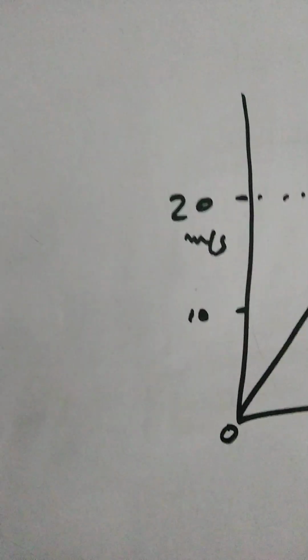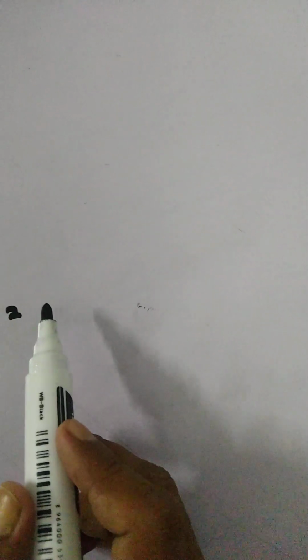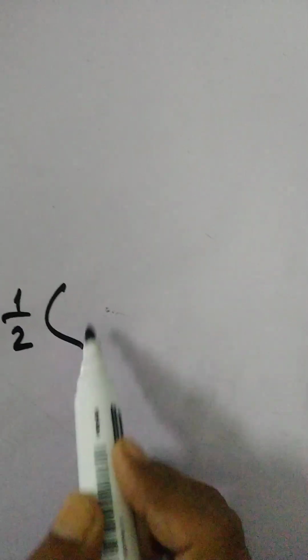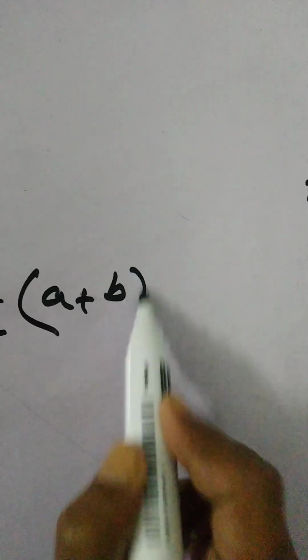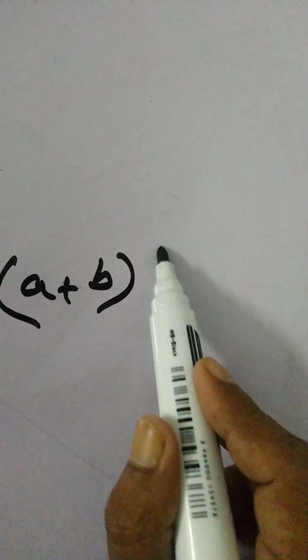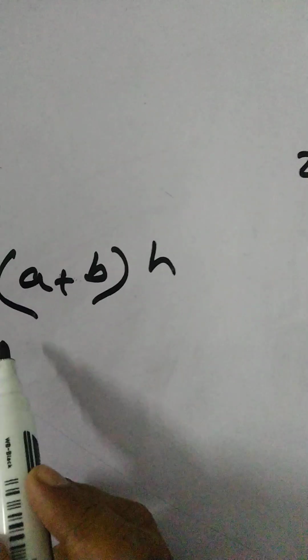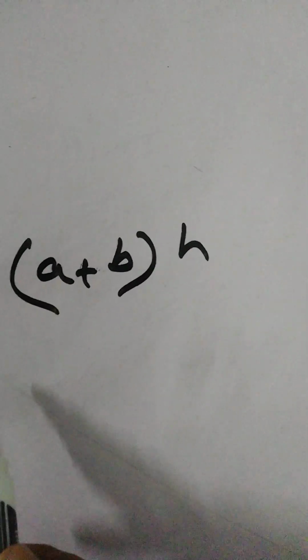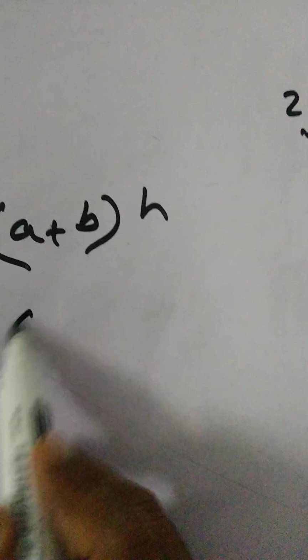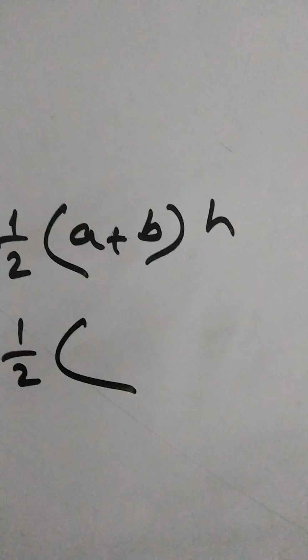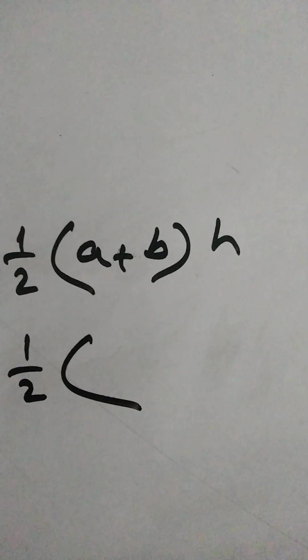Simply we will find it through the formula of the trapezium, or the two formulas of triangle and square: 1 upon 2 times (a plus b) and height. After putting the values, 1 upon 2, here is 4, and this area.